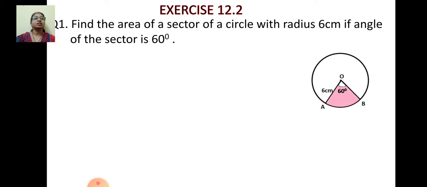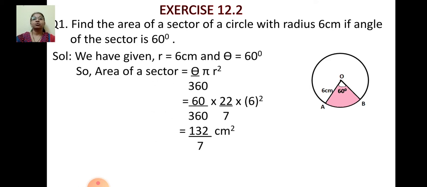So this is, say, a circle with center O. Radius is equal to 6 centimeter, and the central angle made by these two radii OA and OB at the center is 60 degree. So here given r is 6 centimeter, theta is 60 degree.